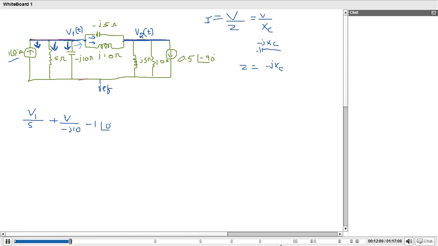So this current again divides into the minus j5 ohm and j10 ohm. So you have to write these currents also in the equation. So plus, what is the current flowing through the minus j5 ohm?